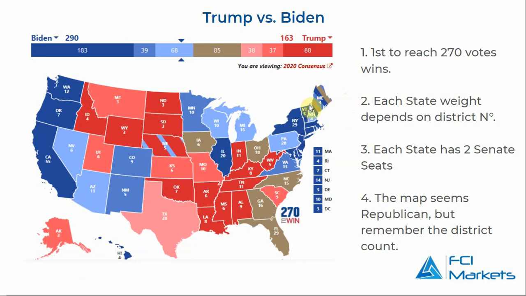So in reality, as we can see, most of the states that have a Trump majority actually have a very small population density. And the states that are forecasted to show a Biden win have many more districts. So this means that in reality, Biden is favored on paper right now to win.